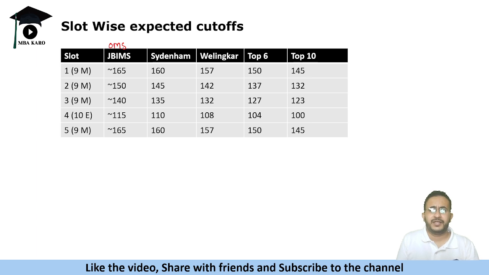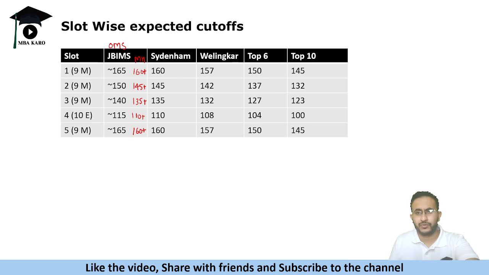For Maharashtrian candidates, you might subtract 5 marks, still it will go 160 plus. Then here it might be 145 plus, you can call it 135 plus, 110 plus, and you can subtract 5 marks for Maharashtrian candidates because their cutoff is generally low. Similarly for Sydenham you can consider 4 to 5 marks, Welingkar, and after that it does not matter because outside candidates rarely target the other colleges.